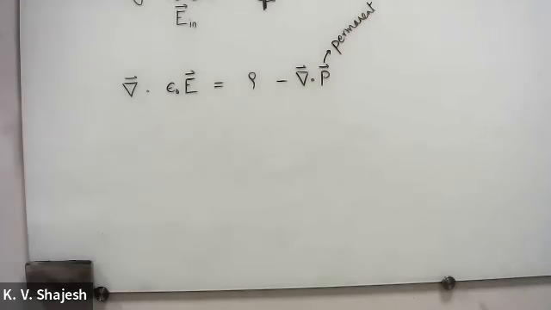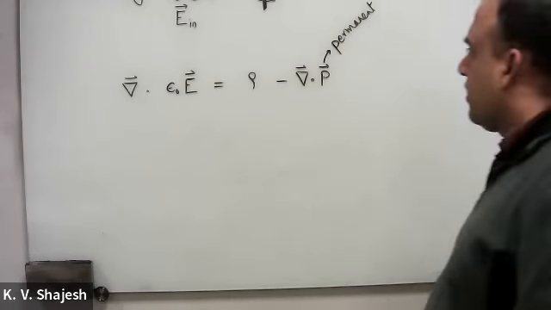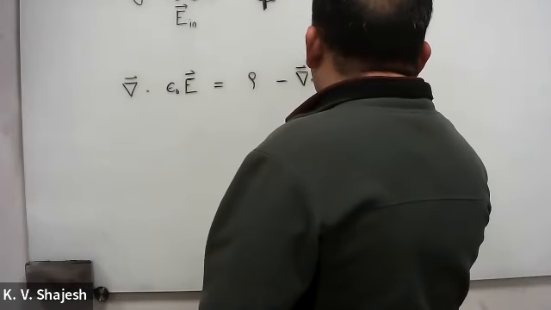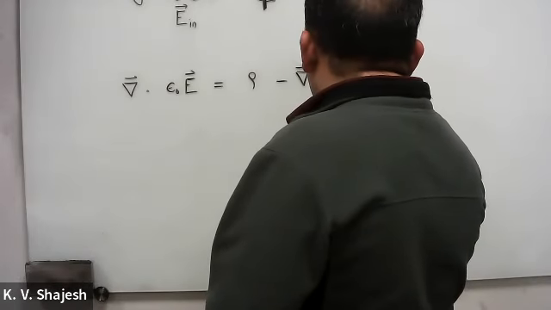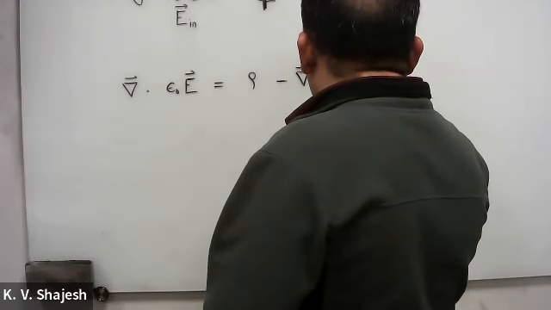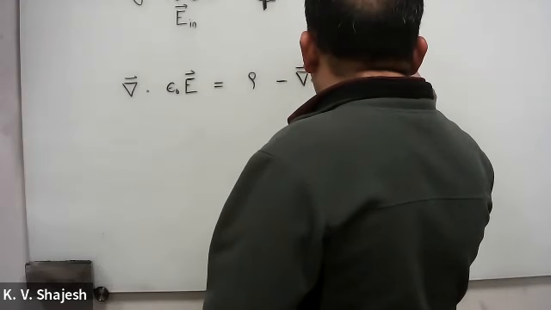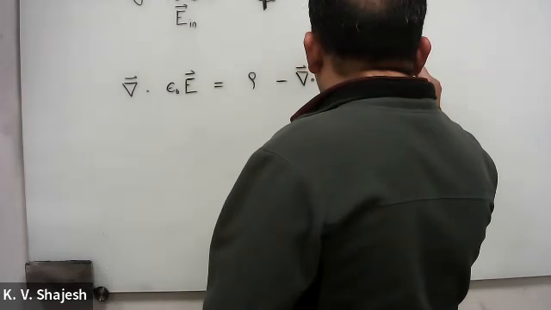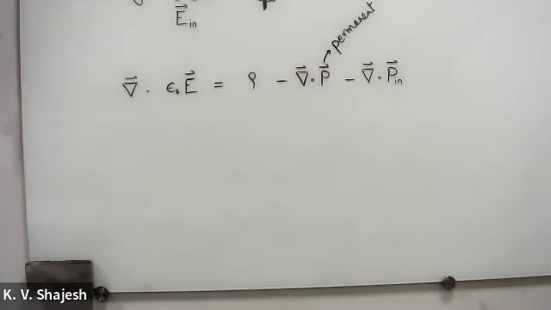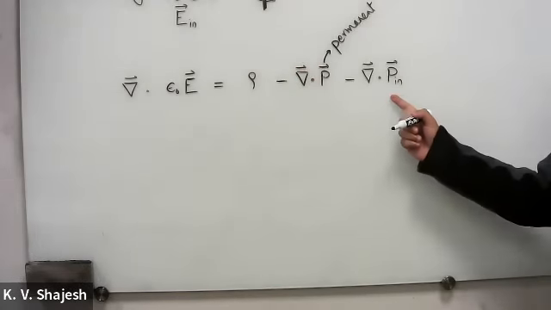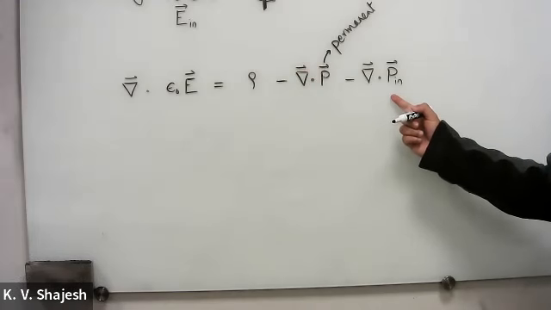Think of a water molecule. A water molecule has a permanent dipole moment. And you can also have an induced dipole moment. So that is dotted with P induced. Induced dipole moment means that you need an electric field for this to work out.